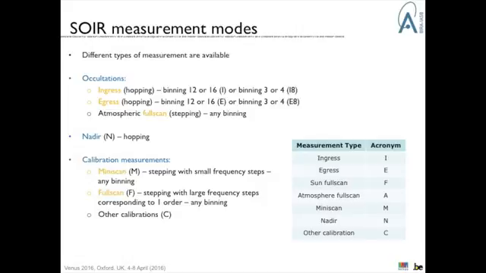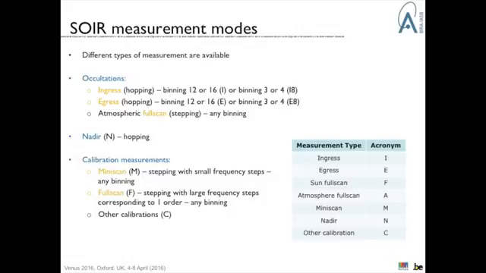So the different modes that we have done through the mission, mainly occultations. Some are called ingress or egress, that's geometry. We have done full scan, so that's, as I described, the stepping mode. So we go through all the orders which are available to the instrument.